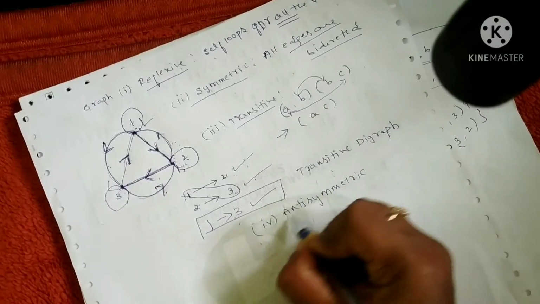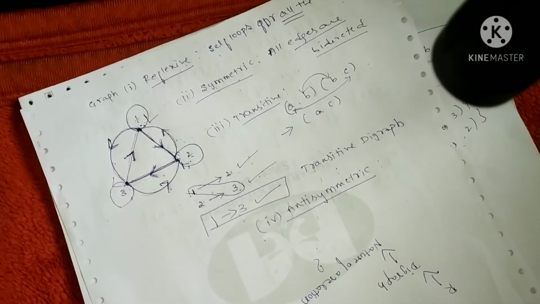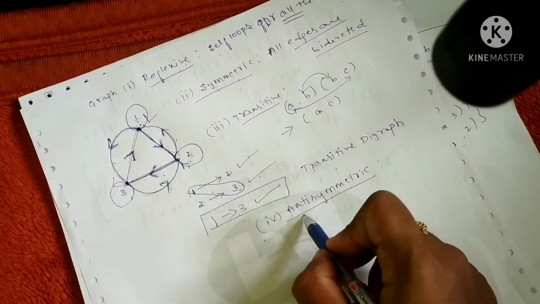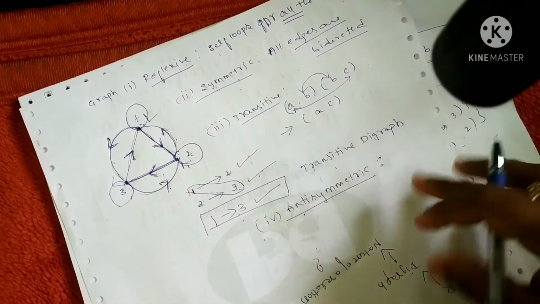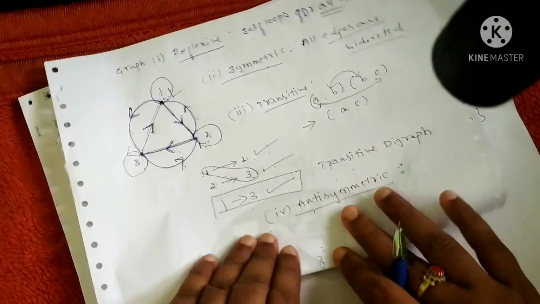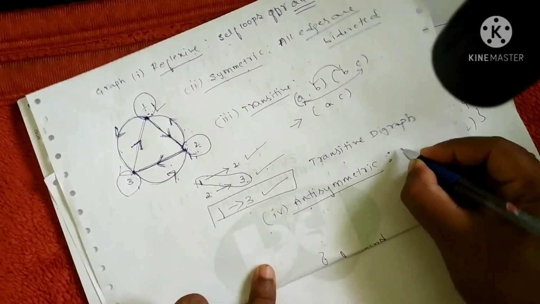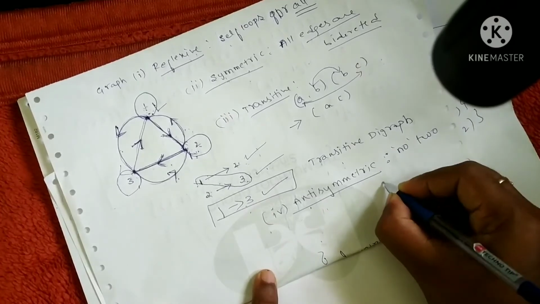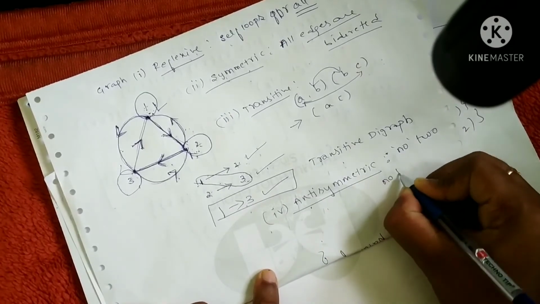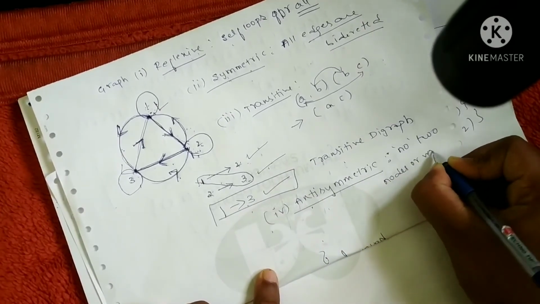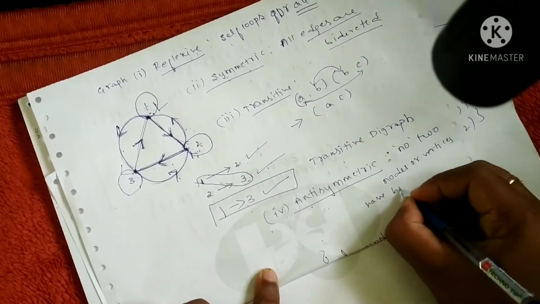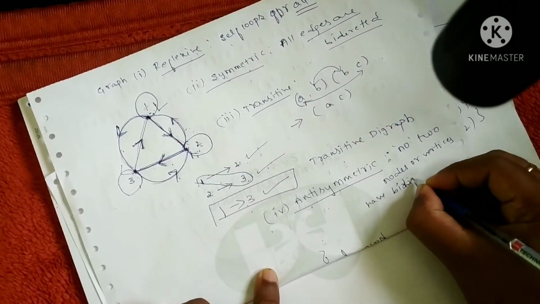Antisymmetric. When do we say a digraph is antisymmetric? We can say a given digraph is antisymmetric only when, just listen to the statement properly, there should not be, or we can say no two different nodes or vertices have bidirected edges.